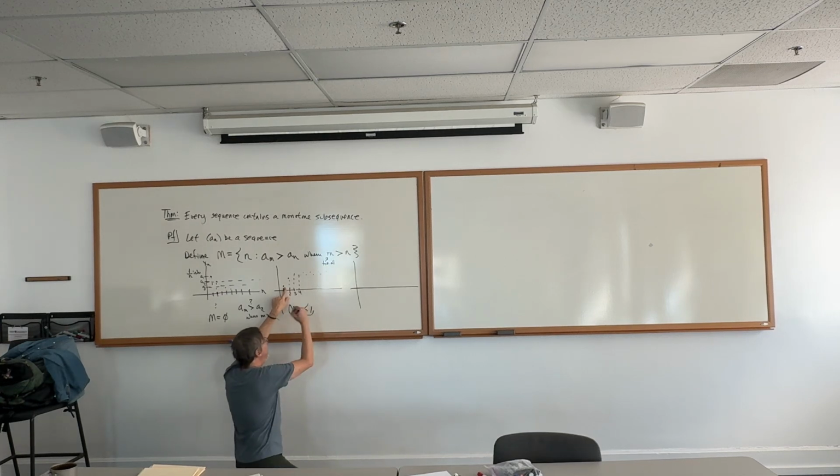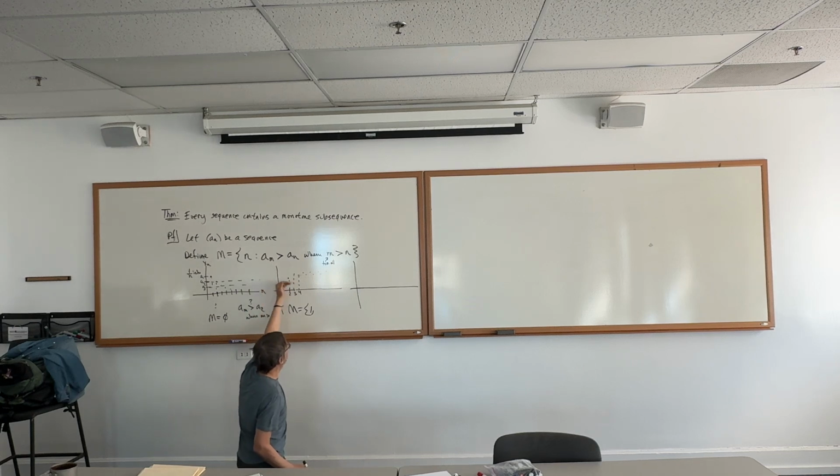So 1 is definitely in there because all the sequence values to the right are bigger than A sub 1. What about 2? Is everything to the right of 2 above this level? So 2 is in there.